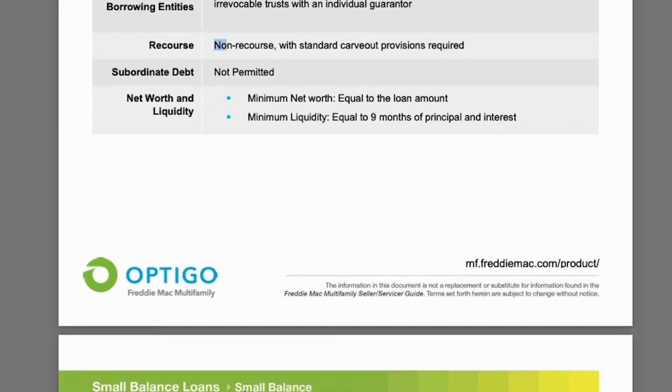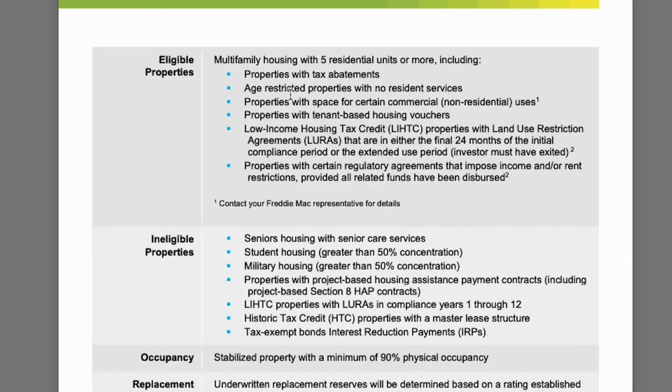All right, let's move up. So you're probably wondering, what kind of properties can I finance with this Freddie Mac small balance program? So they tell you right here, straightforward way. You can finance multifamily housing with 5 units or more. 5 units or more, multifamily, that's commercial. Okay, this includes properties with tax abatements.